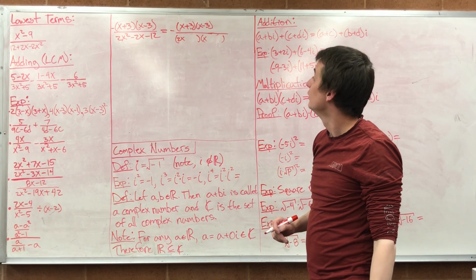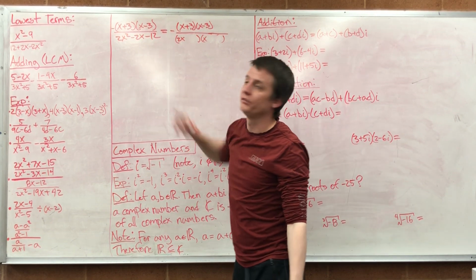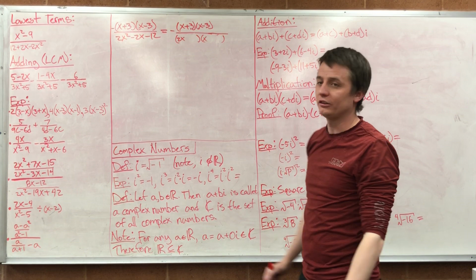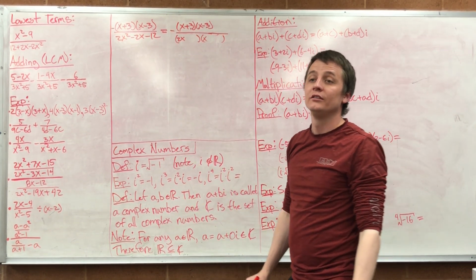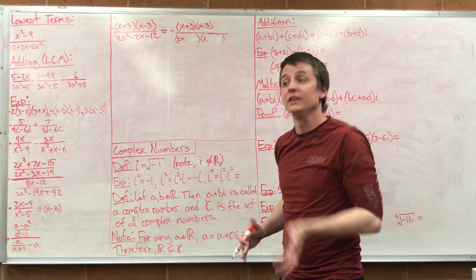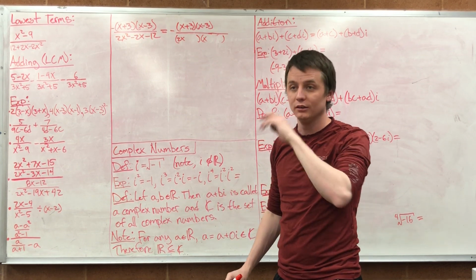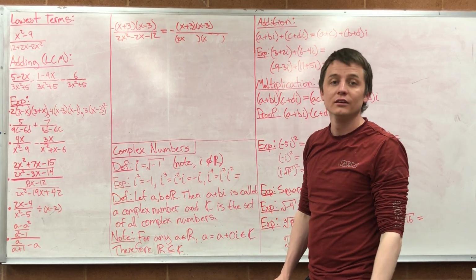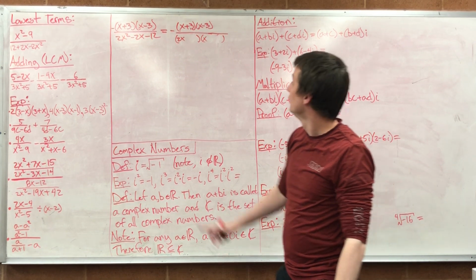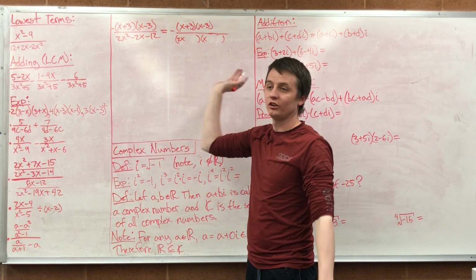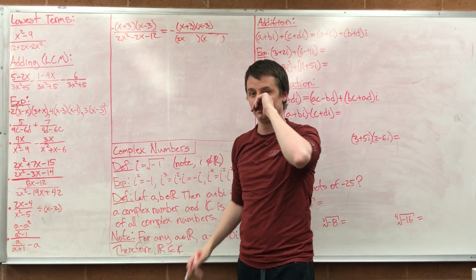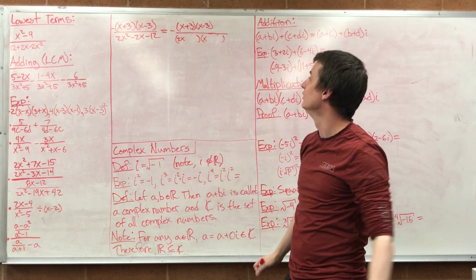6 and 2 don't give me negative 12. 6 and negative 2 give me negative 12. Negative 6 and 2. Yeah, we can plug those in. Turns out that won't give us a negative 2 here, though. Nice try. Try again.